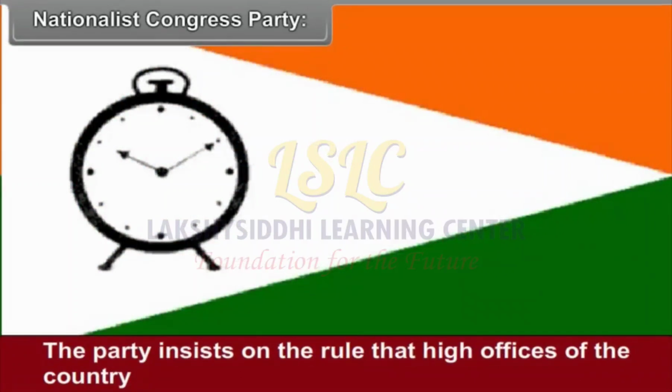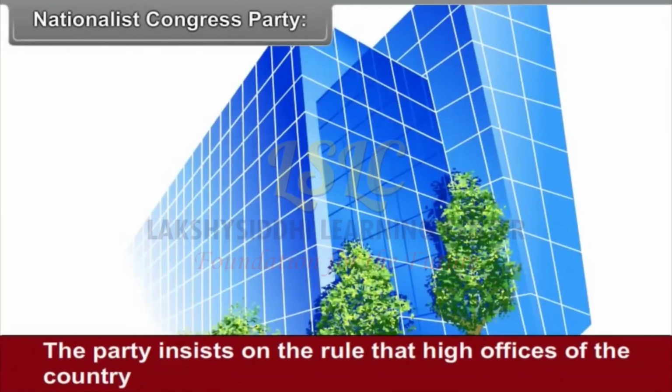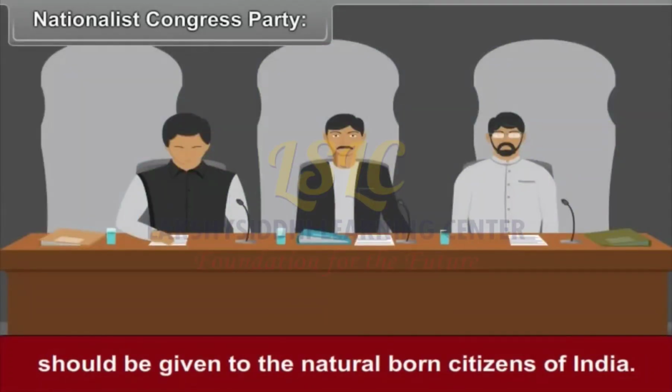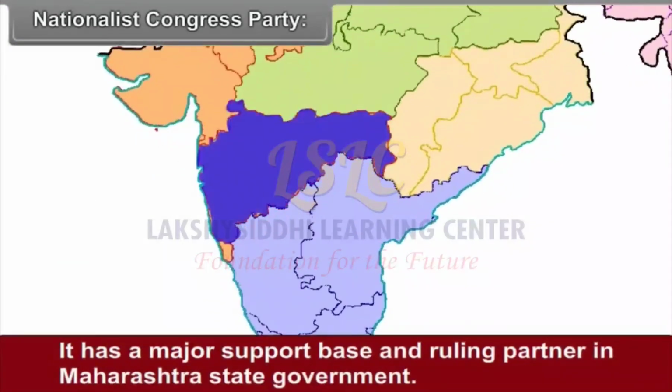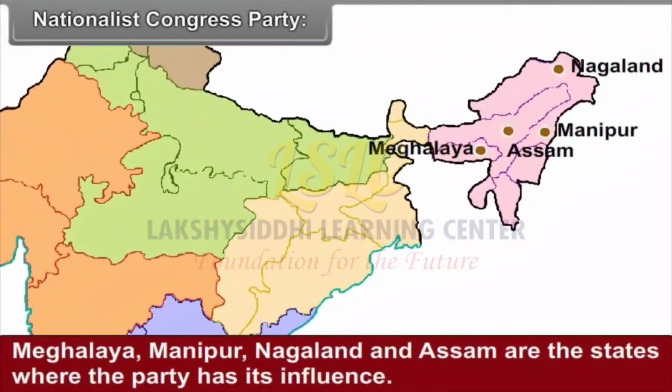The party insists on the rule that the high offices of the country should be given to the natural-born citizens of India. The party supported the UPA government in 2004 and in 2009. It has a major support base and is a ruling partner in Maharashtra state government. Meghalaya, Manipur, Nagaland and Assam are the states where the party has its influence.